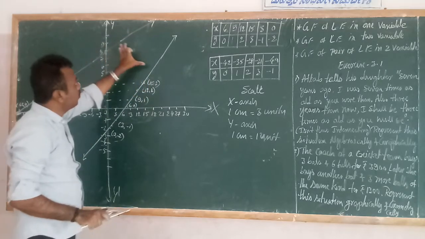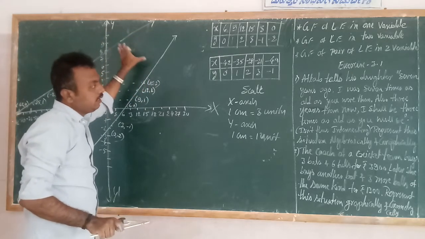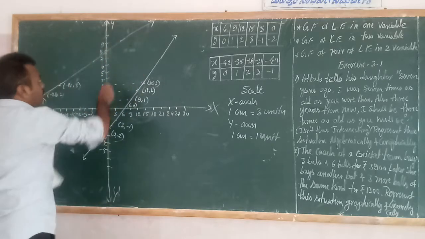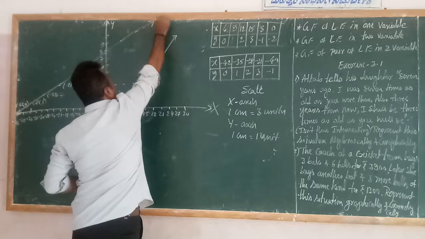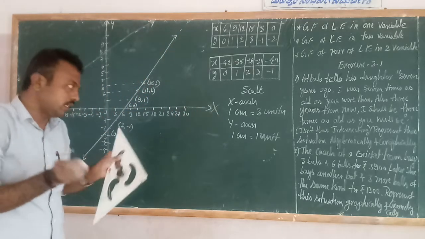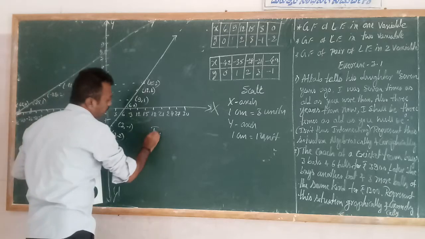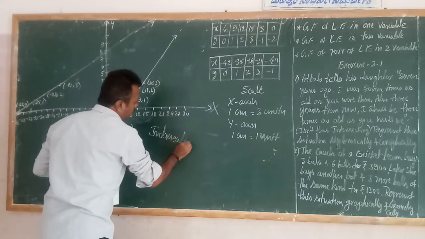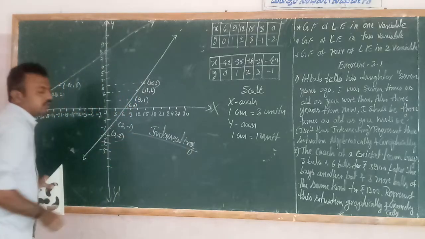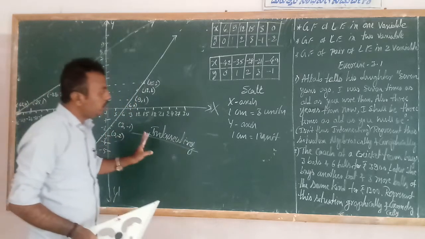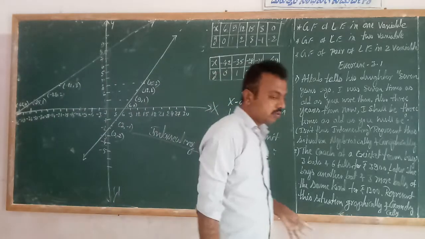So these two lines, are they intersecting, parallel or coincident? See, if you continue this line and this line, what will happen? Are they intersecting or not? Yes, it is intersecting. Understand? These are intersecting lines. Any doubts? It is very easy to solve these kinds of problems. Okay, students.